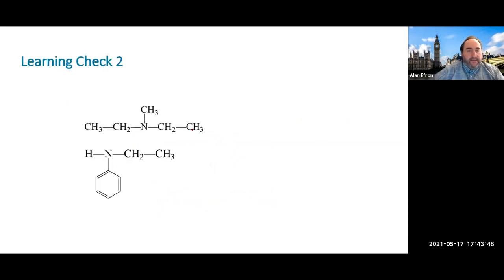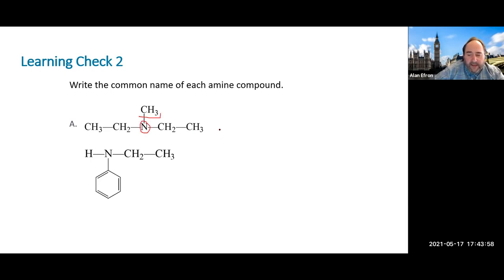So if we take a look at a couple of these, and some look very familiar, we again want to go to our nitrogen and figure out the groups that are attached. That is a methyl group. If we come over here, that is an ethyl group. And over here is also an ethyl group.